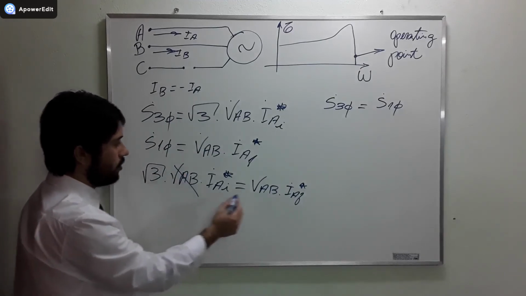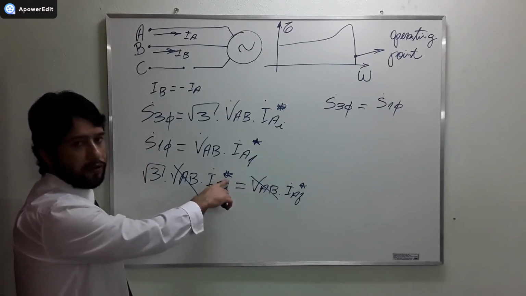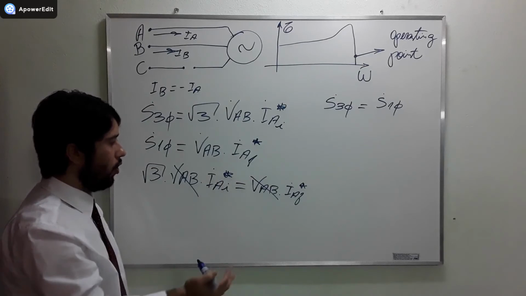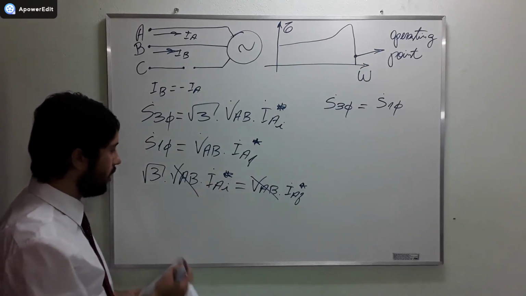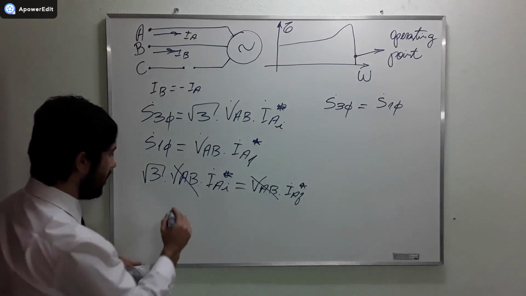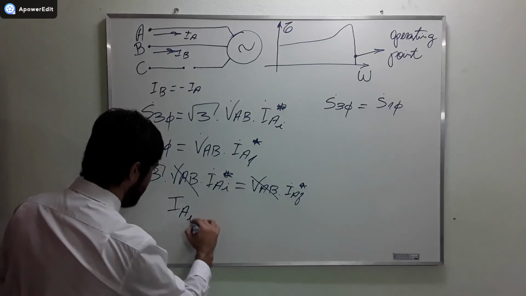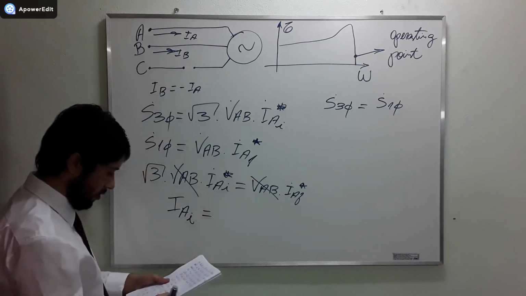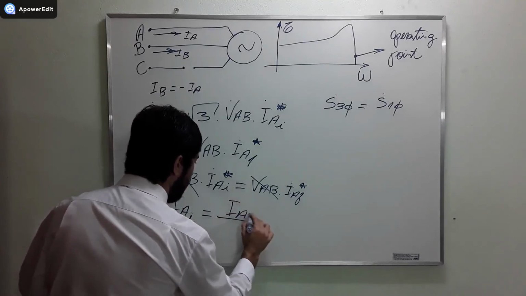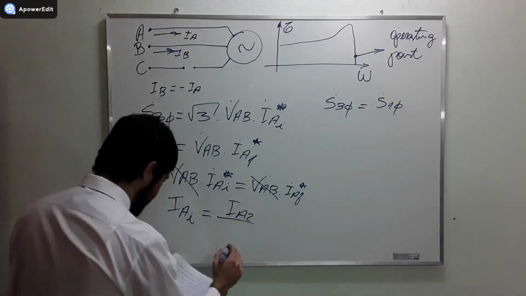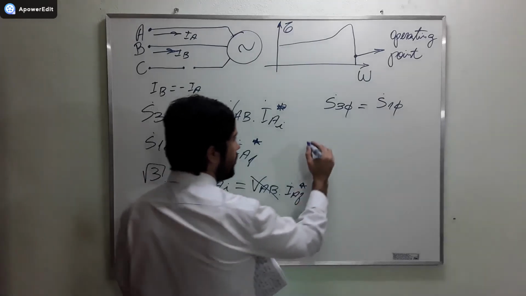I can cancel this with this, and then here is the complex conjugate of the current, but we don't need to operate with the complex conjugate. We can simply use the current, and then we are going to end up reaching that the value of the initial current is equal to the value of the second current divided by the square root of 3.